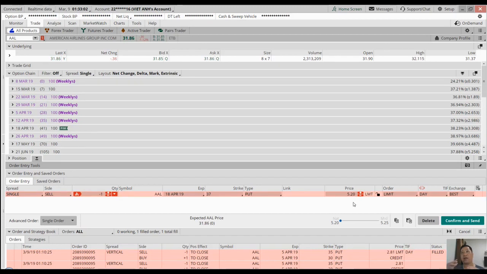I bought at 315, so I want to close at $630, so $6.30 per share times 100. This is the premium that I would like to collect when I close. If within today's session it can hit that level, that's fine, I can exit.